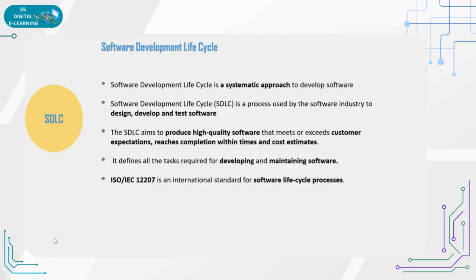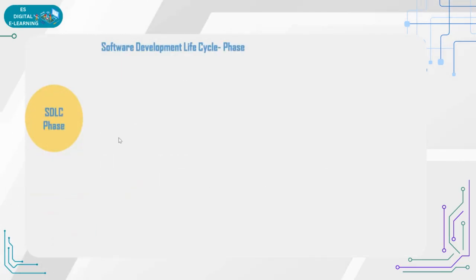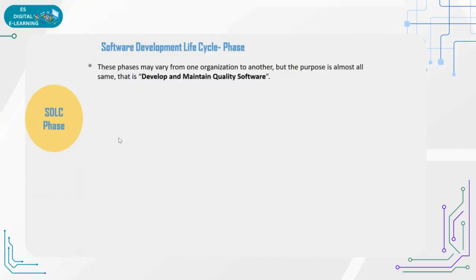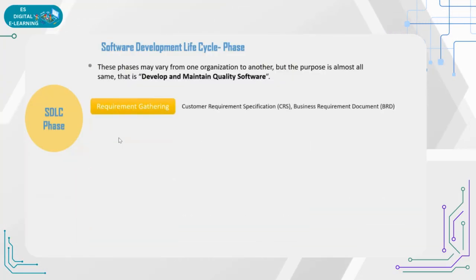Now, the software development life cycle has an ISO standard, 12207. Because it has a standard, whenever you follow the process, you should follow the ISO standard only. So how do we follow it? First is requirement gathering. What do we call that requirement?